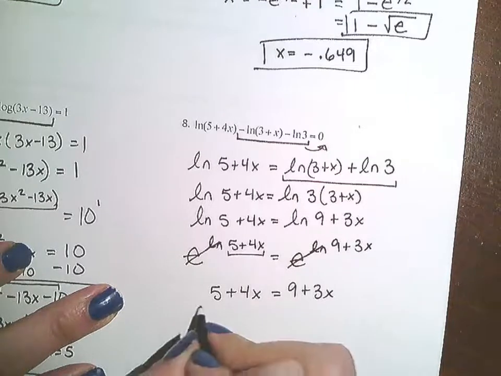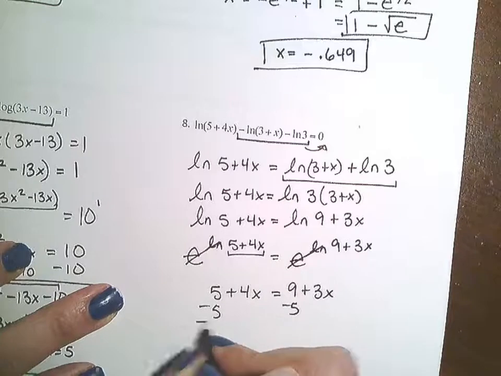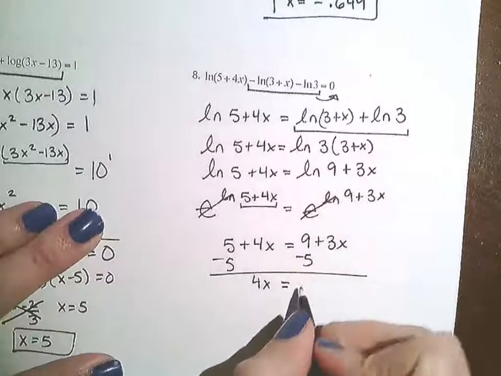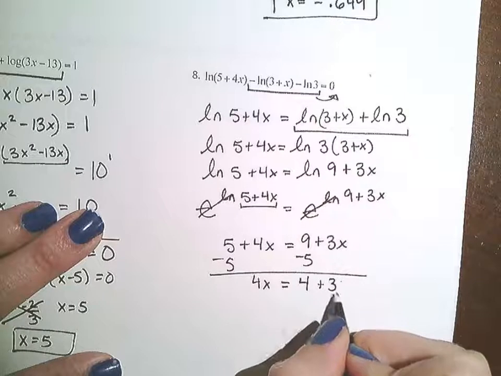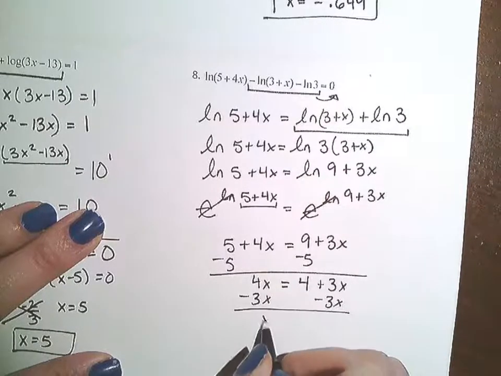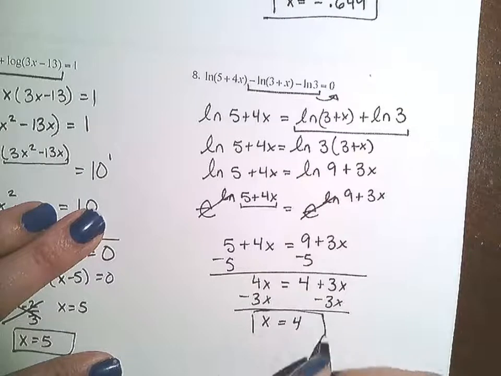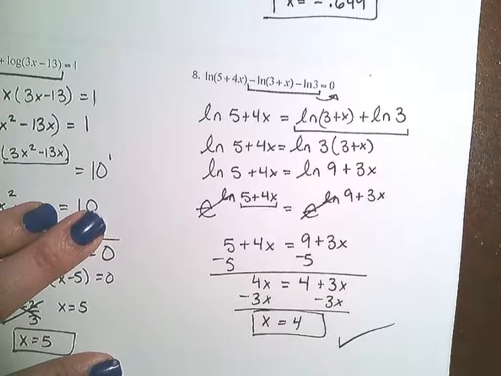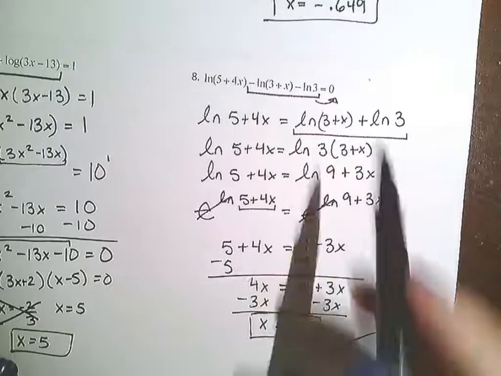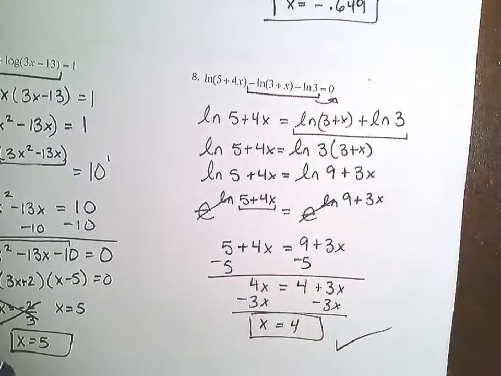And then we just solve. So we subtract 5 from this side and this side. You have 4x equals 4 plus 3x, minus 3x, minus 3x. So x is 4. Done. And then you can check it by plugging it back in to make sure that it equals 0. And I assure you it does.